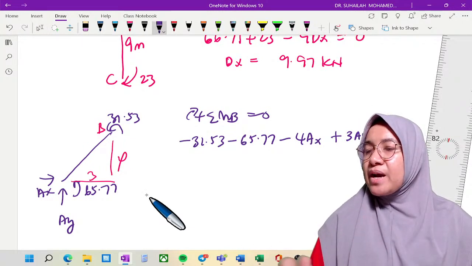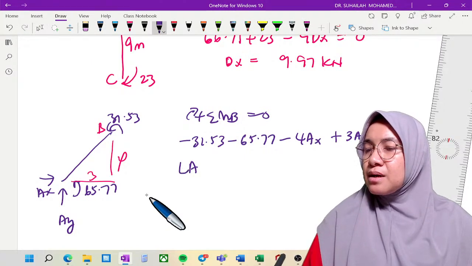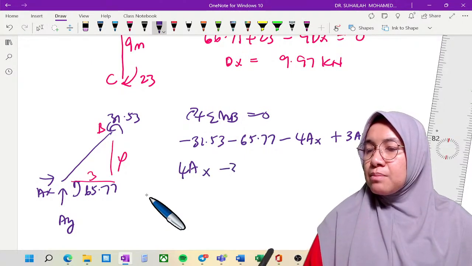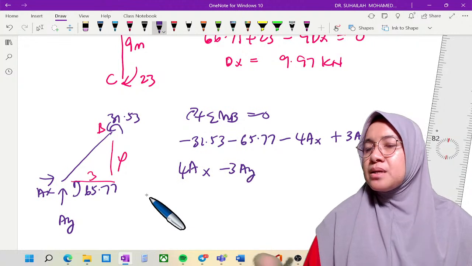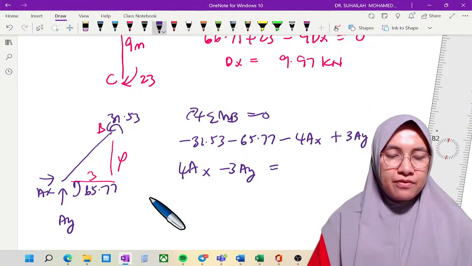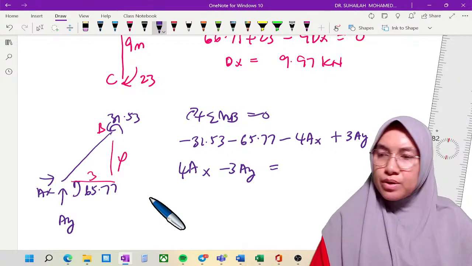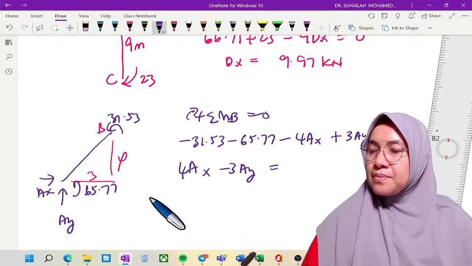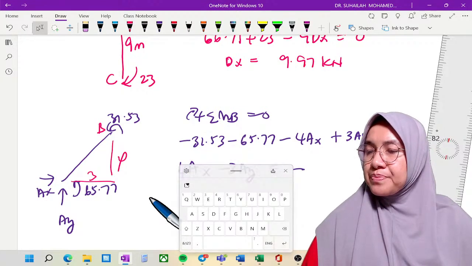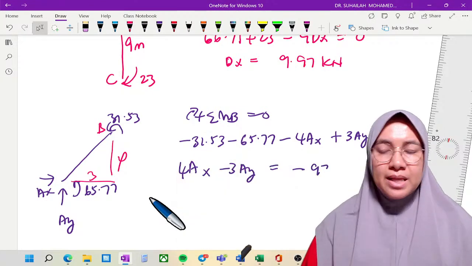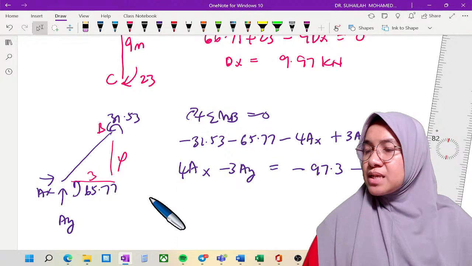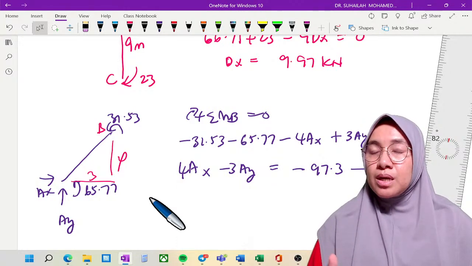So we simplify this, we get 4AX minus 3AY equal to negative 31.53 plus negative 65.77, which is negative 97.3.